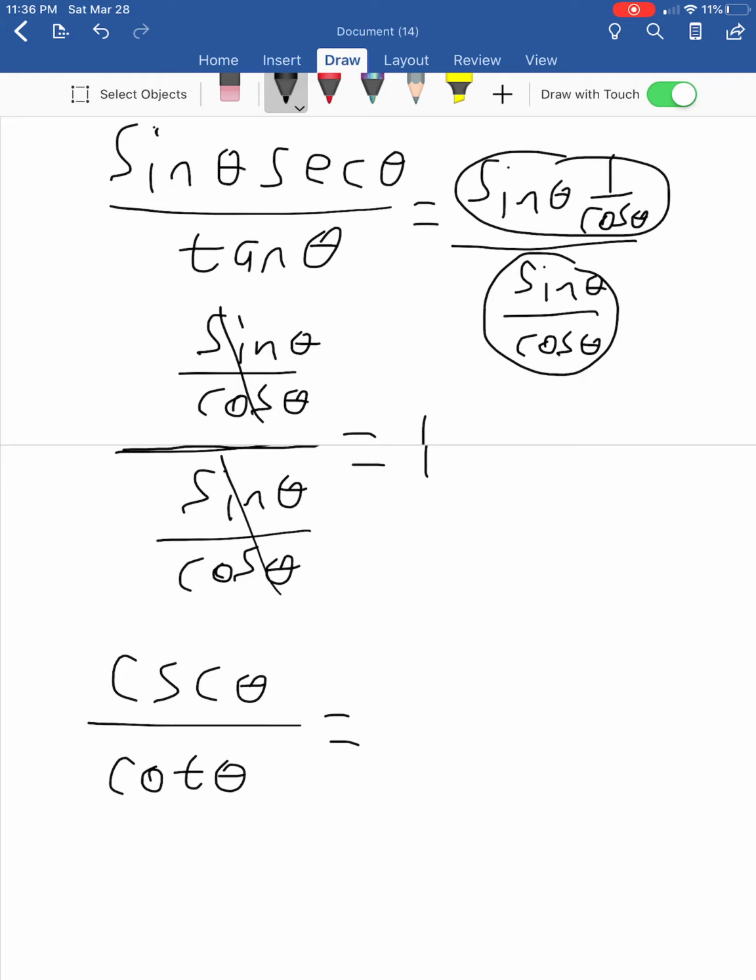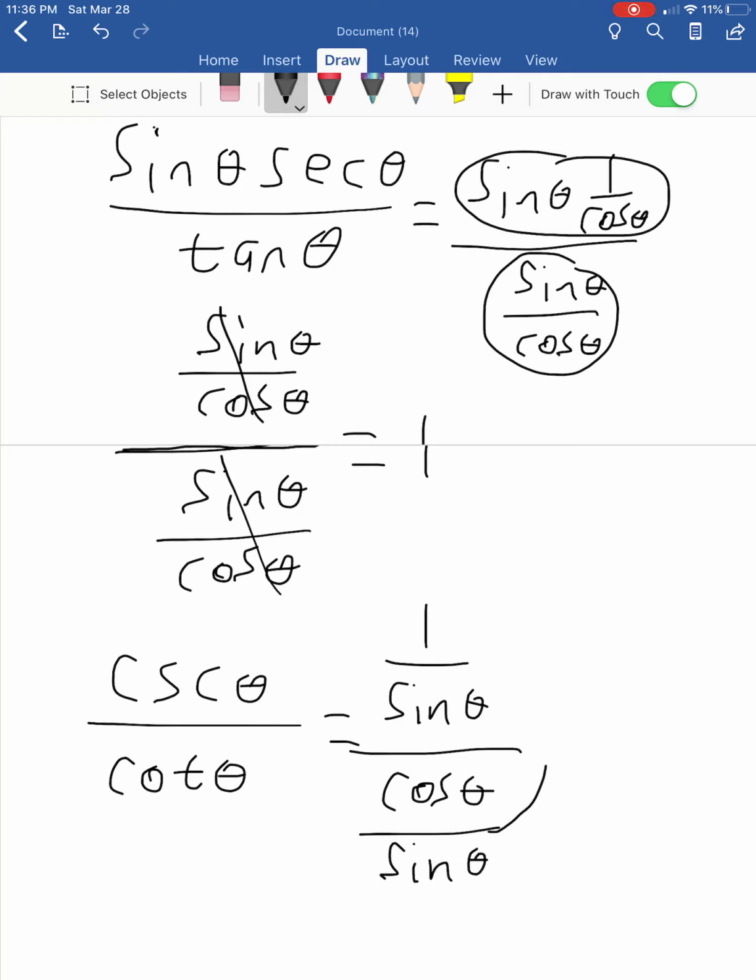I can rewrite cosecant as 1 over sine, because sine and cosecant are reciprocals. Over, I can rewrite cotangent as cosine over sine. And when you divide by a fraction, you're going to multiply by the reciprocal. And we've seen that play out a bunch.